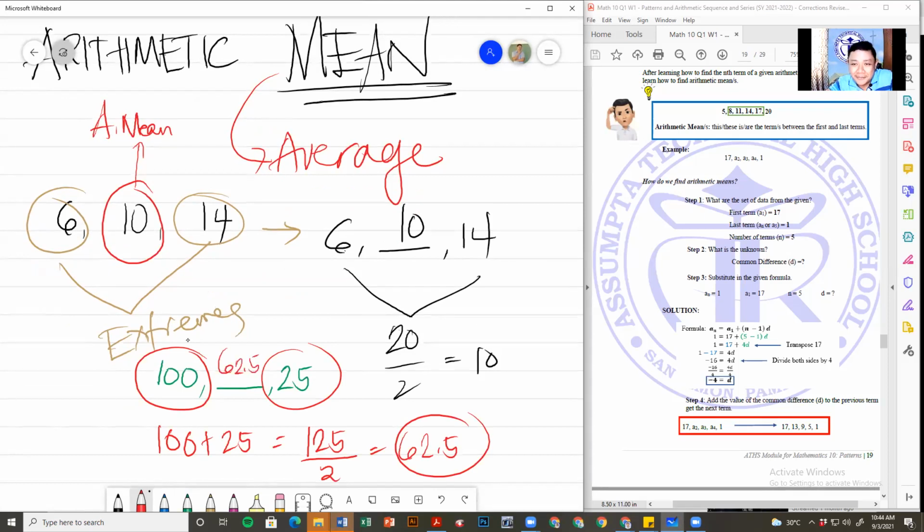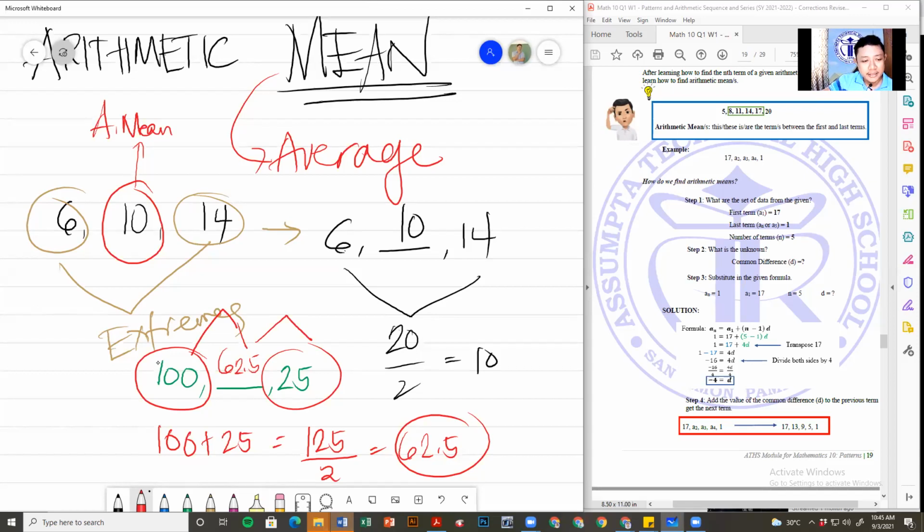Okay? Remember, we are in arithmetic, so we are not doing anything else but a common difference. So what's the common difference of these terms? Type it in the chat box, please. The common difference is 37.5.